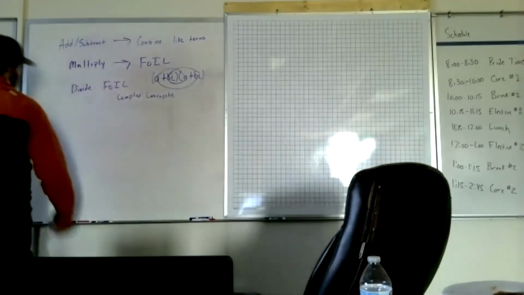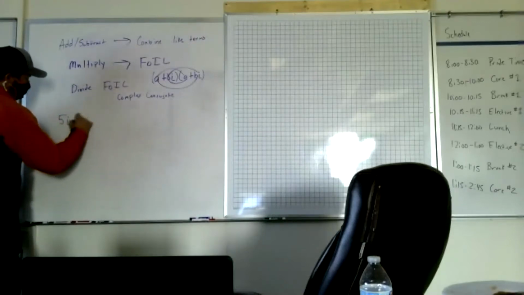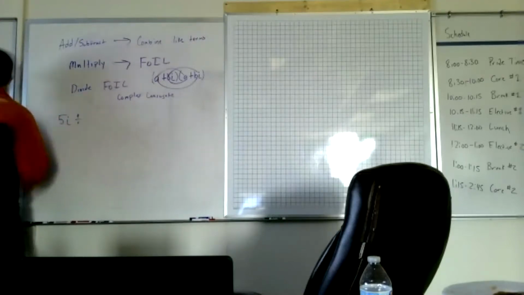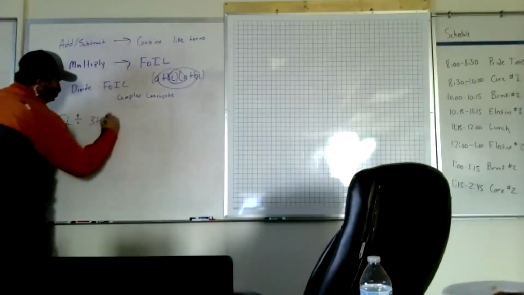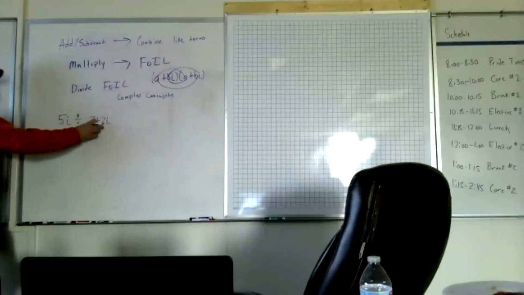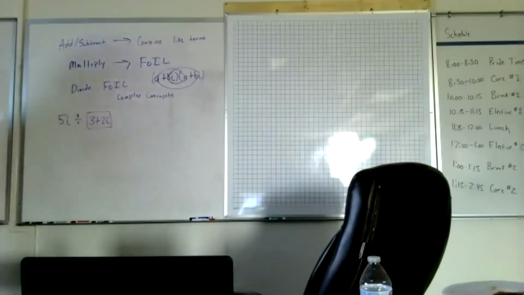So if it's written something like this, one's easy because it has a denominator. If it's written like that, where it's going left to right, it's the complex conjugate of this term. Okay? This is 3 plus 2i.